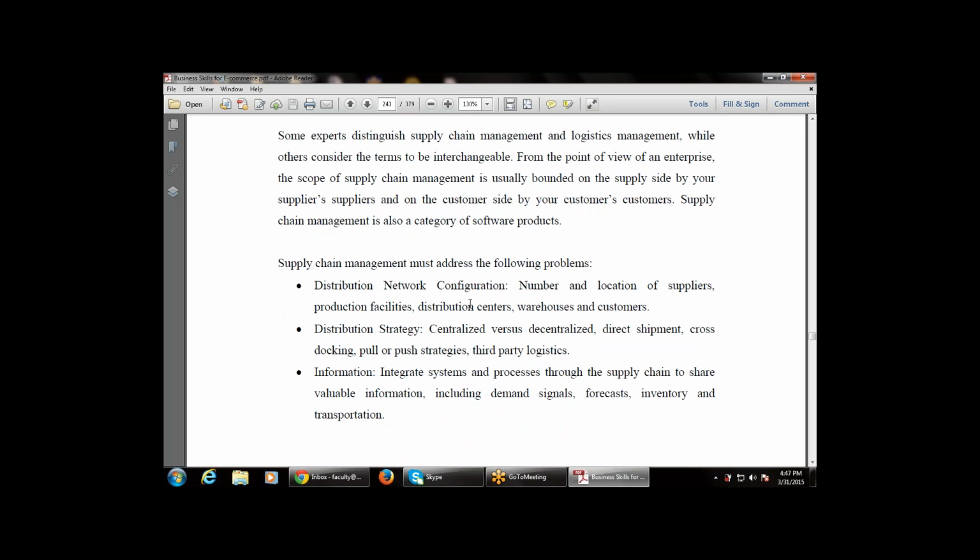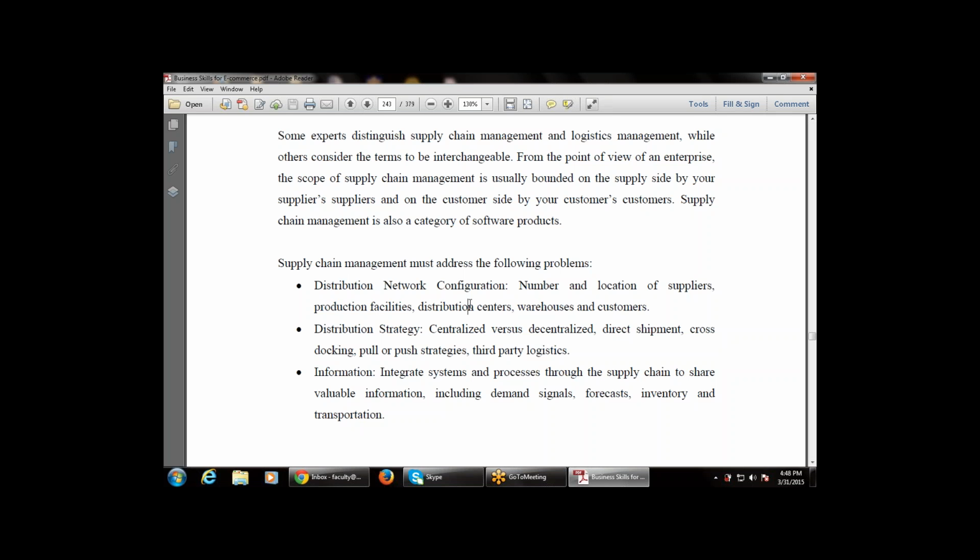Supply chain management resolves problems in the configuration of distribution, that is the number and location of suppliers, production facilities, distribution centers, warehouses and customers.